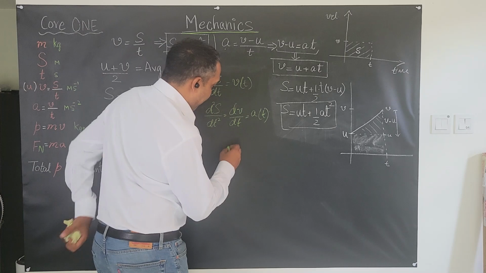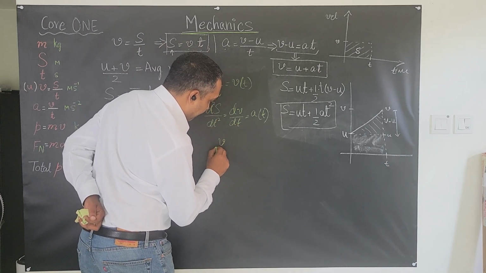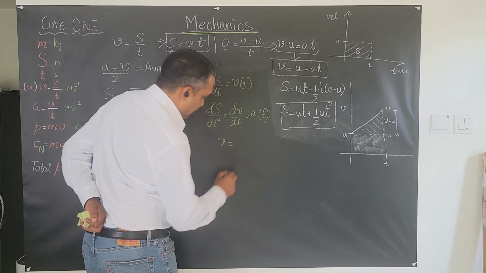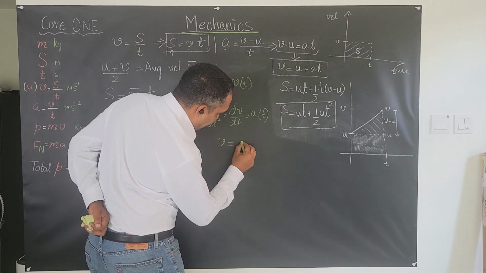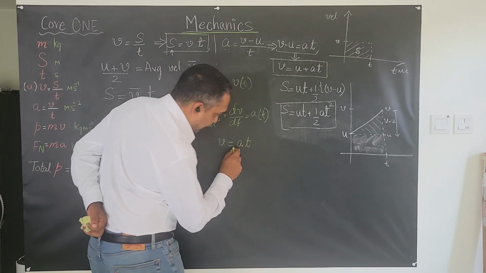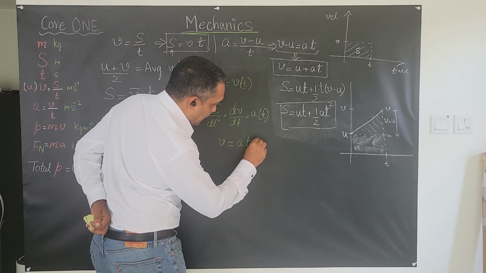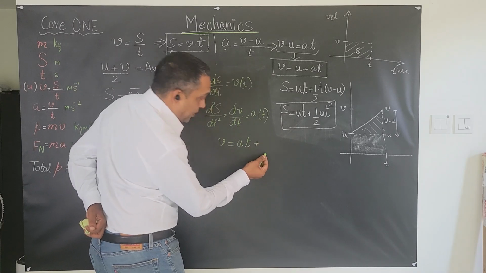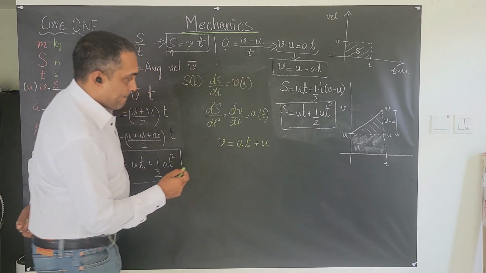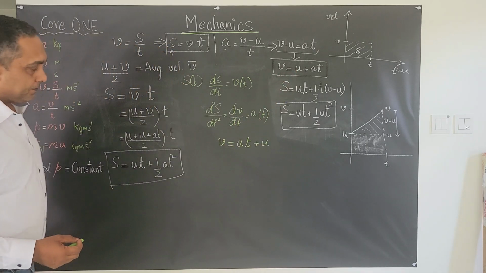Work with me here: if I was able to write velocity as u plus at, where acceleration a is a constant and another constant value here is initial velocity u, similar to that equation.